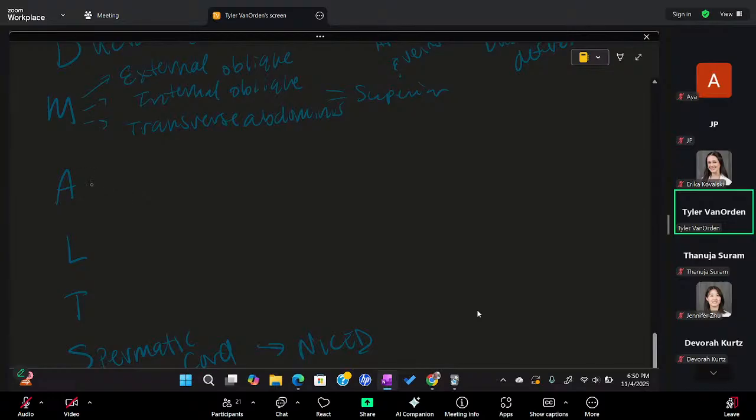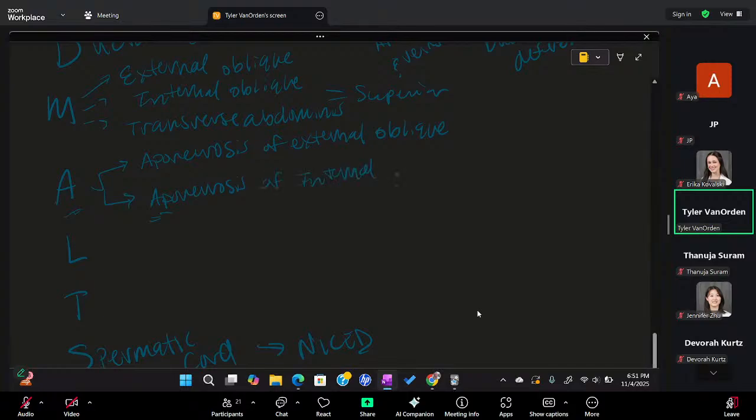A is aponeurosis. So there are two. I'm just going to write it twice just to keep our A pattern. It's the aponeurosis of the external oblique and then the internal oblique.